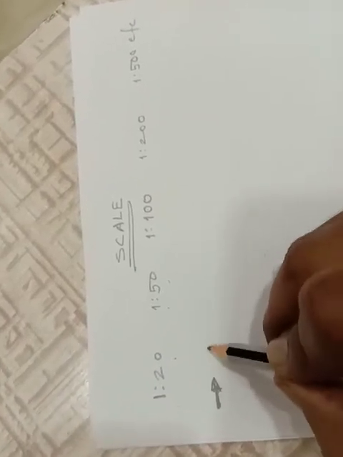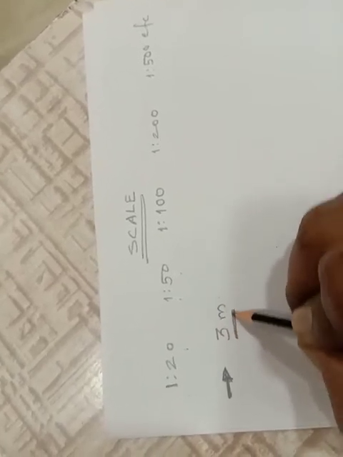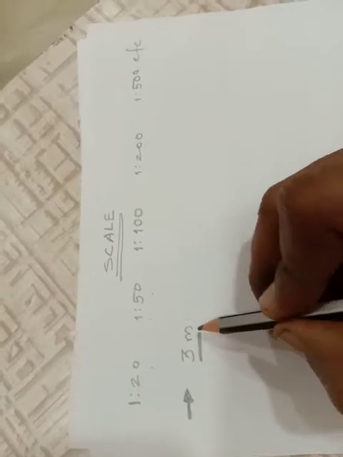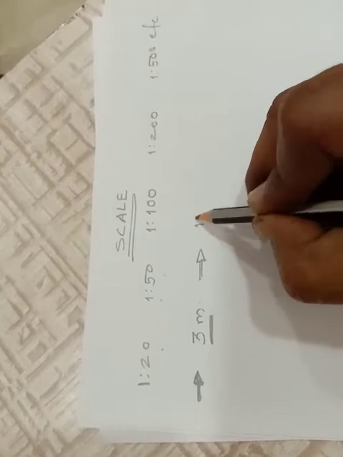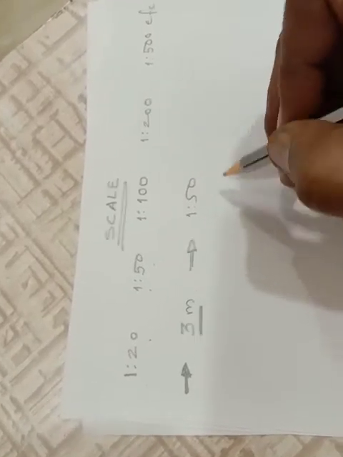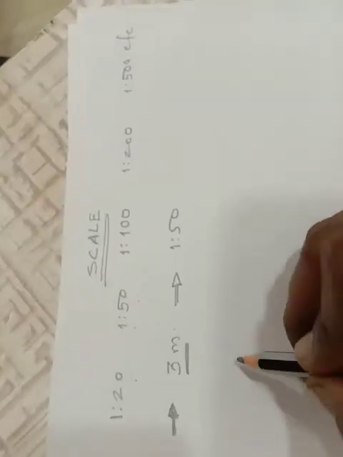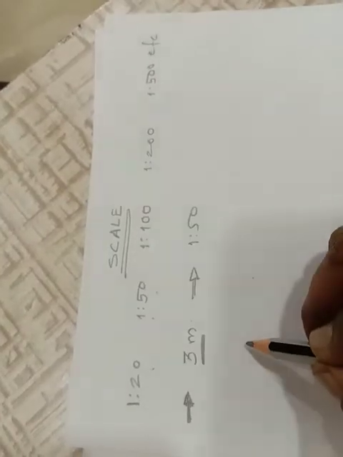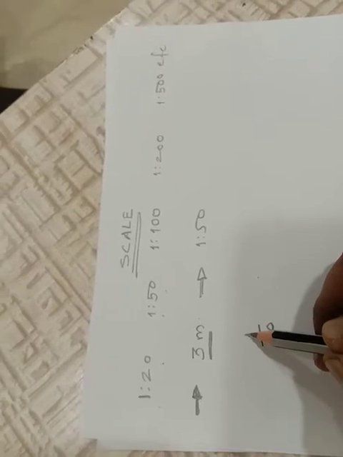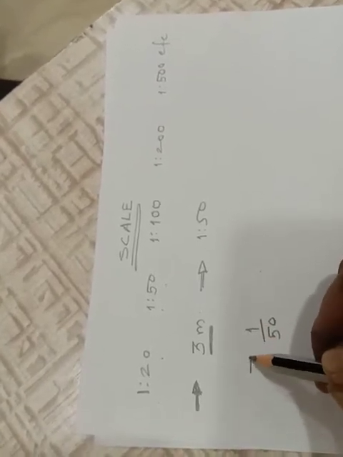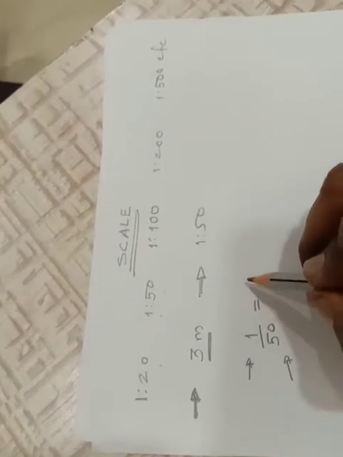Suppose there is a 3 meter length on ground and you want to draw this 3 meter on paper by using a scale of 1:50. Now first of all write this 1:50 as 1/50. 1 centimeter on paper, 50 centimeters on ground, is equal to how much?